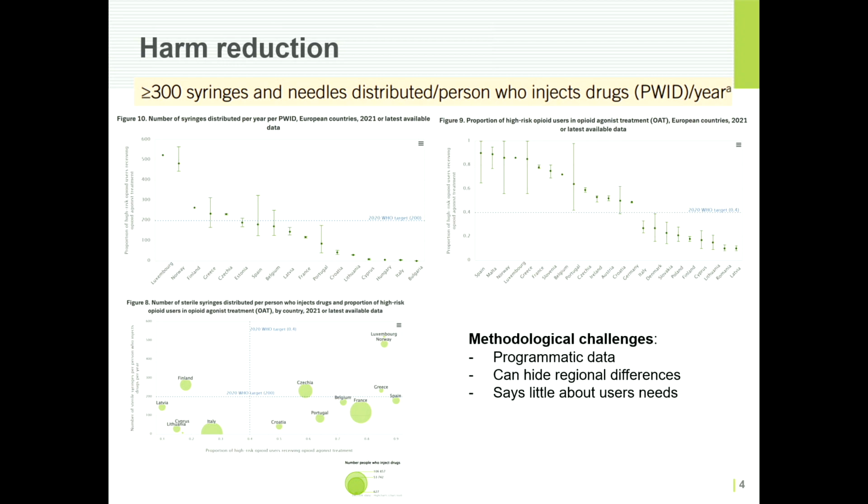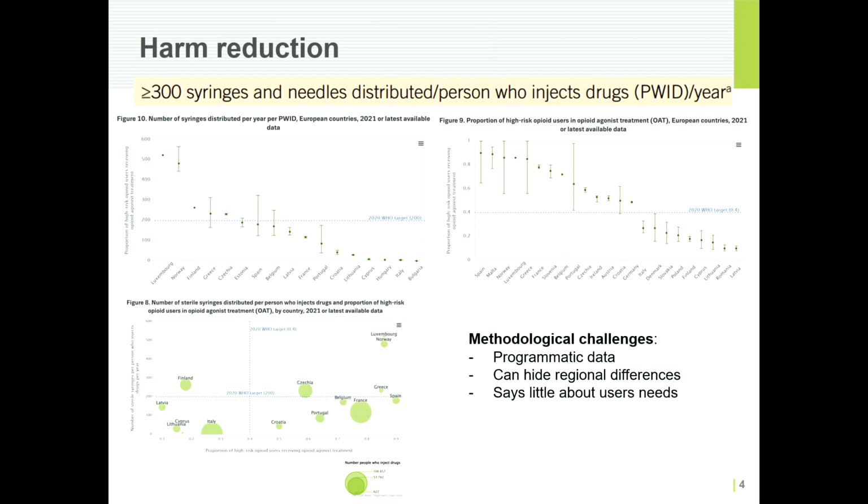In terms of NSP, the target for 2030 is at least 300 clean syringes available per person per year. The 200 target that was set for 2020 and, I believe, also 2025 has been reached only by 5 countries in the EU and Norway. So many countries are lagging behind that target.